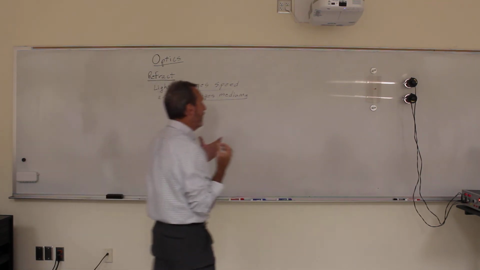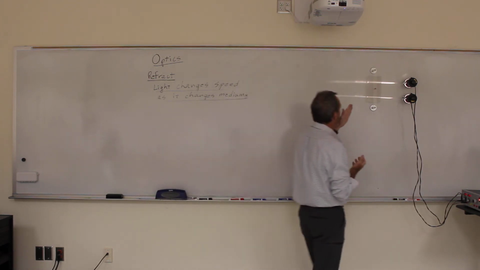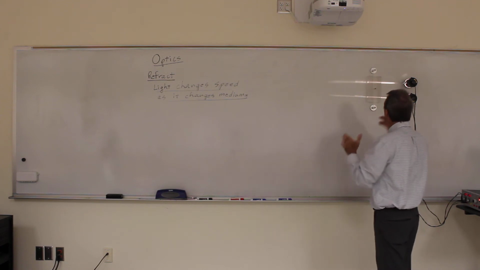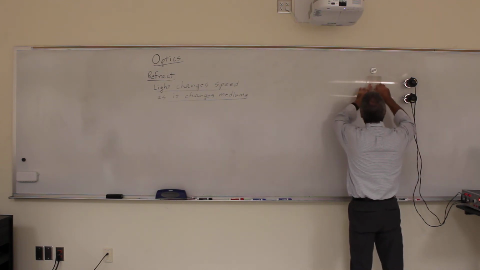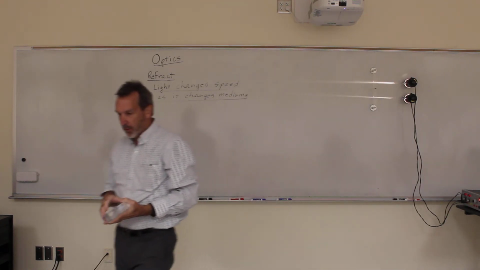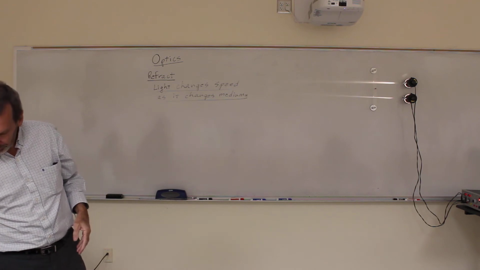So then the question is, okay, if it changes speed as it goes through this block, then if I don't have parallel sides, which is what this rectangle has, I can actually bend the light to do what I want. And that's the idea of a lens.